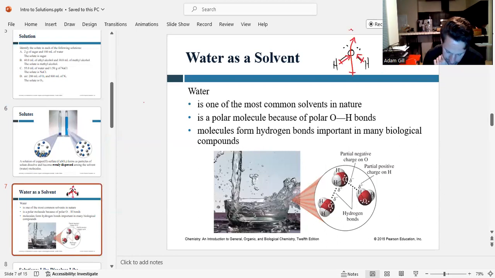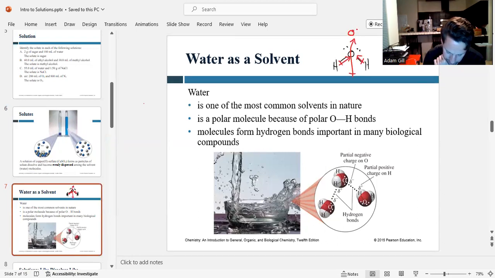We would say that this is the partial negative end, and this is the partial positive end. So because of the polarity and the fact that there's an OH bond, water can hydrogen bond with other molecules that also have OH or NH. And so this will become important when we're looking at the interactions of water with certain solutes.